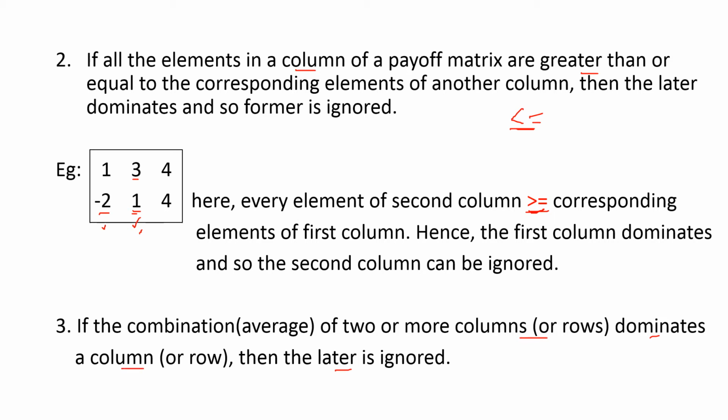So these are the three ways for the principles of dominance. For every problem you have to go for row reduction, then column reduction, and in some cases you have to go for this combination.